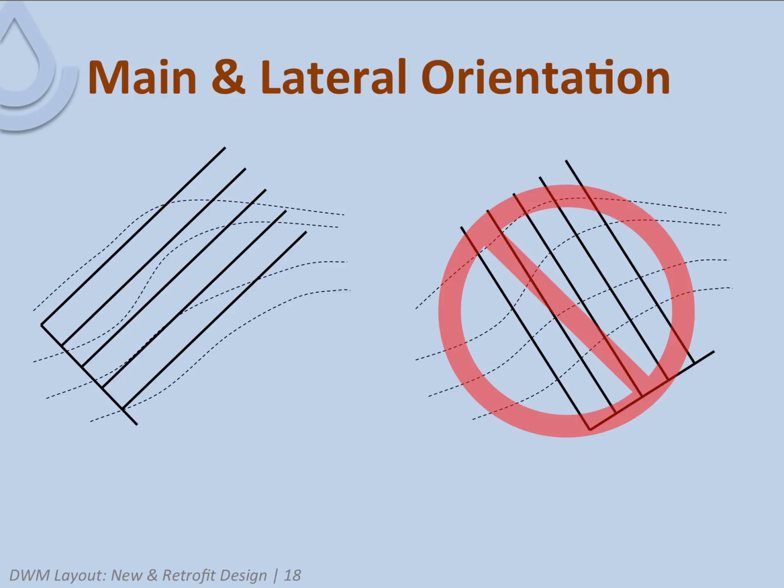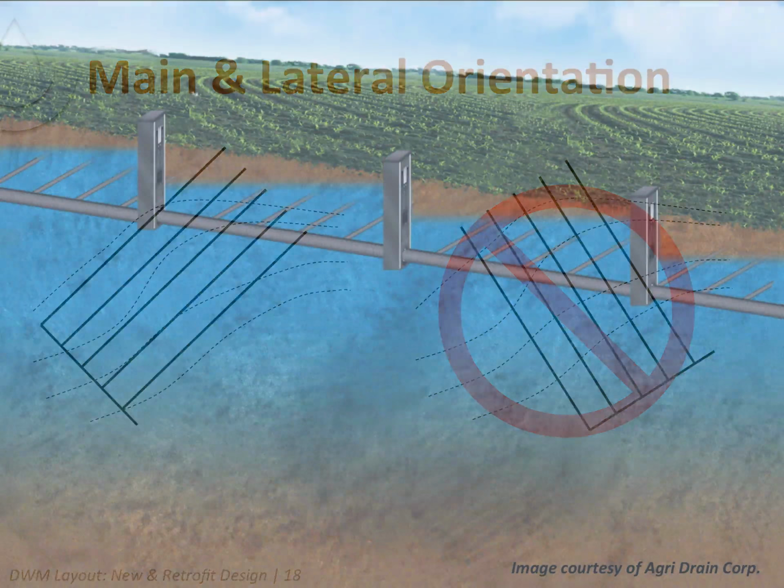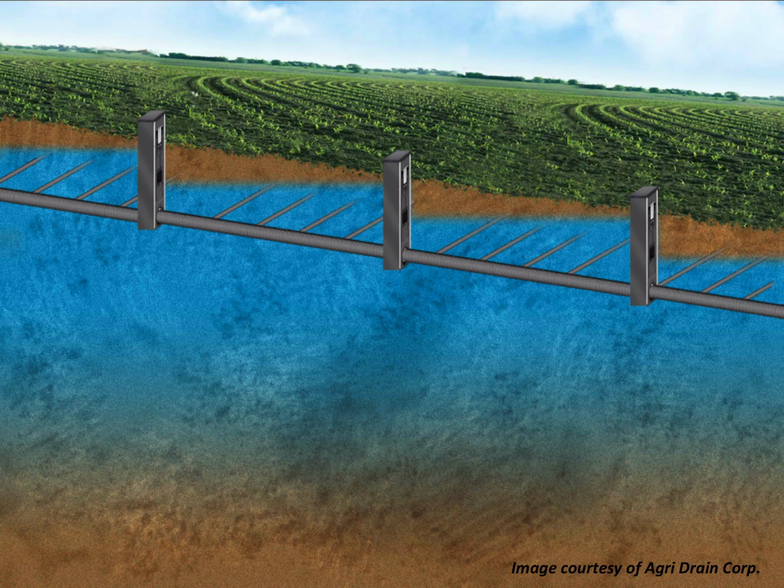And again, one of the things that we stress in our drainage workshops every year is that we want to try to put laterals aligned with the contours as shown on the left, not on the right. And this again is another illustration of what it might look like to sort of stair step a water table up a slope. This is obviously exaggerated, but it helps to kind of drive the point home here.